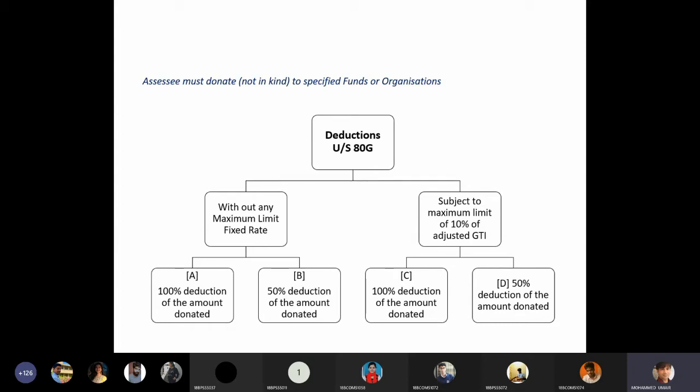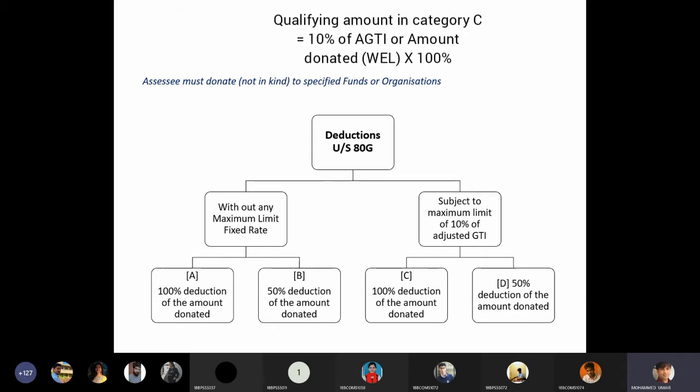So in category A and B, we are not going to do any kind of comparison. Whatever amount you have given, that can be claimed as deduction. If it belongs to A, 100%. If it belongs to B, 50%. Whereas in category C and D, whatever amount you have given as donation will be compared with 10% of adjusted GTI.